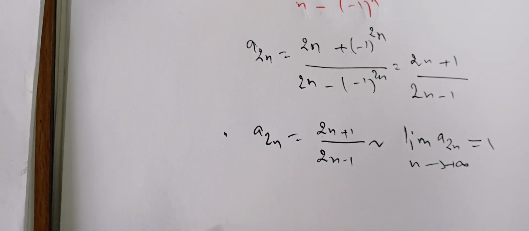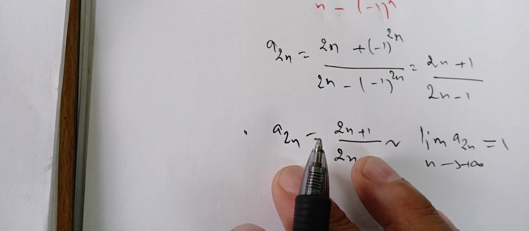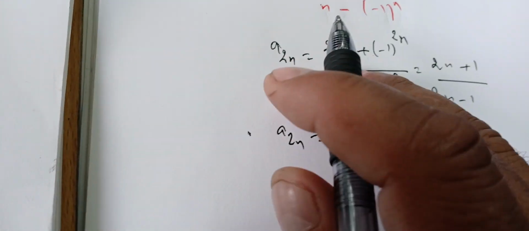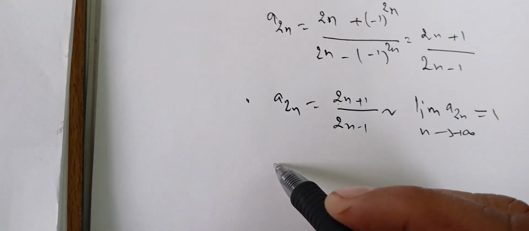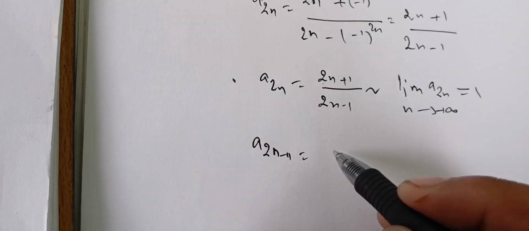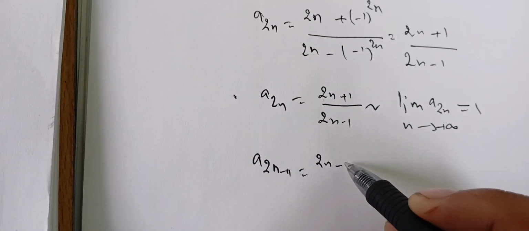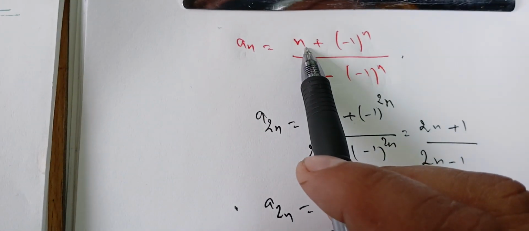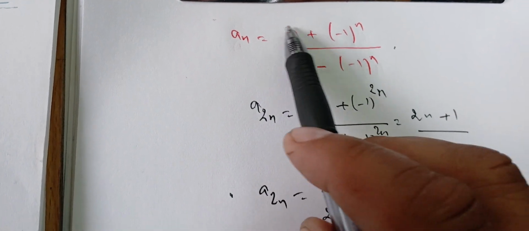We don't stop here. We need to see the behavior of the odd terms. That's why we need to compute a_{2n+1}. We just plug in 2n + 1 in the original sequence.